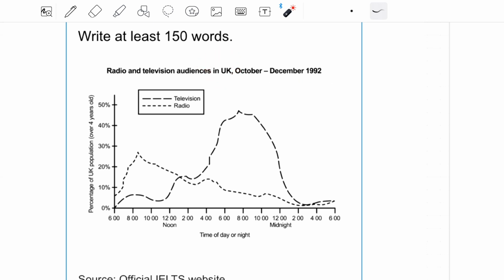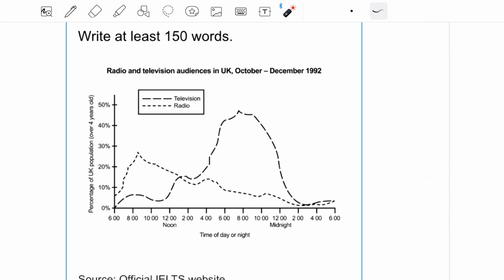And afterwards, the viewership falls drastically, and by midnight the number goes down to about 10%, and then it's almost zero.